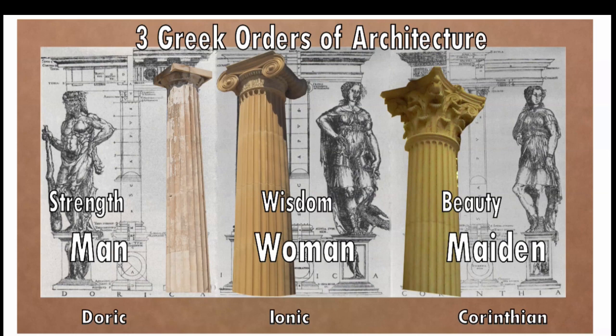It's broader, whereas the Ionic is a taller, more slender column. The swirls at the top are said to represent the more simple hairstyle of the more mature woman, and that's the column of wisdom, whereas the Corinthian is the column of beauty connected to the maiden, which has a much more elaborate design.